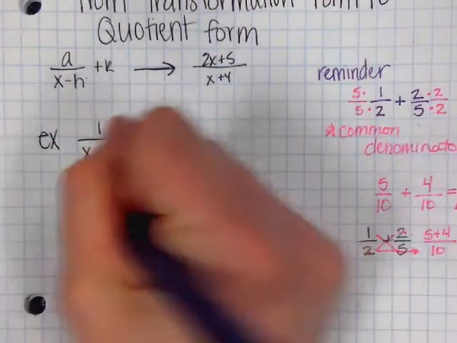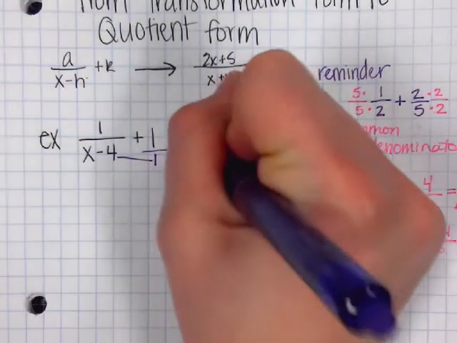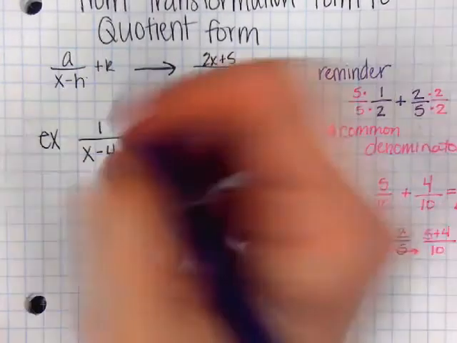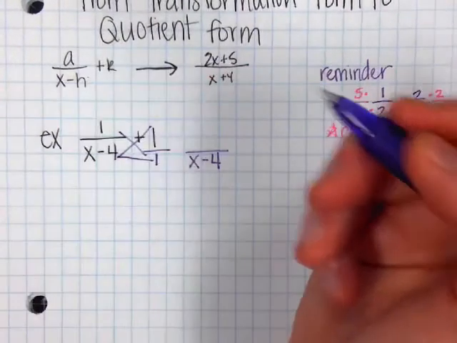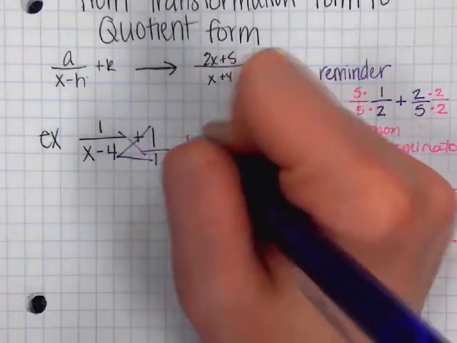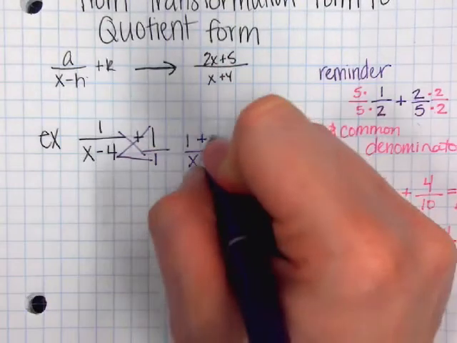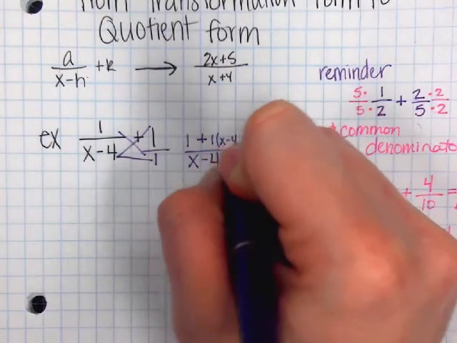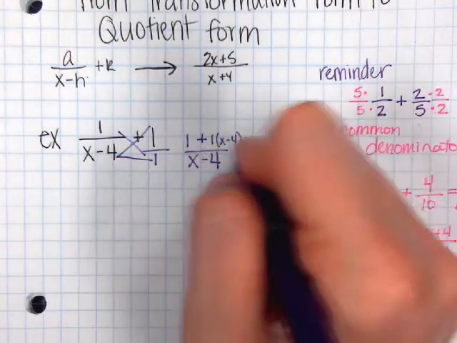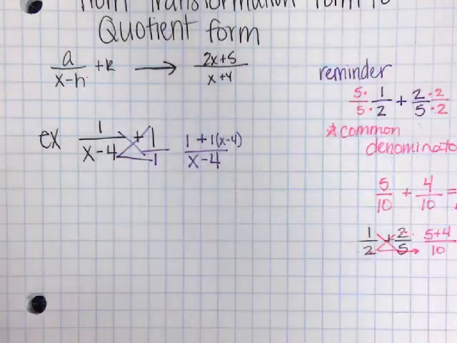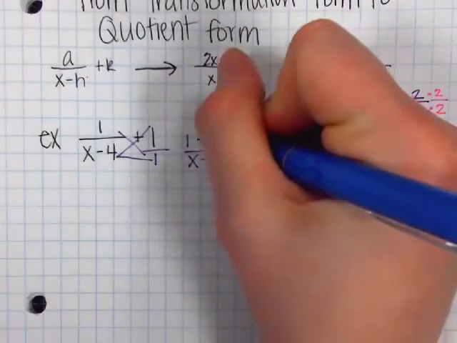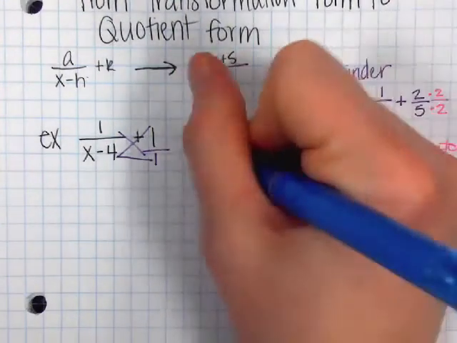I'm going to multiply across the bottom, which would be x minus 4, and then multiply across. So 1 times 1 is 1, plus 1 times x minus 4, which is just 1x minus 4. Distribute the 1.